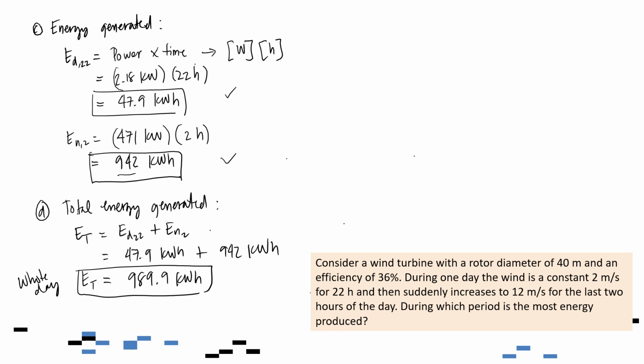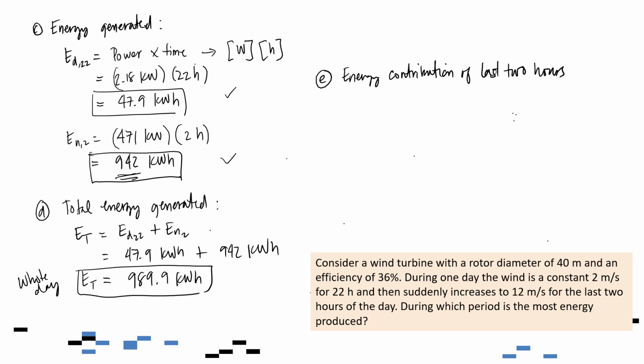Okay, so out of this 989.9 kilowatt hour, let's try to calculate the percentage of the contribution of the 2 hours of energy generated. So what is that one? 2 hours is 942. All right, so energy contribution of the last 2 hours.